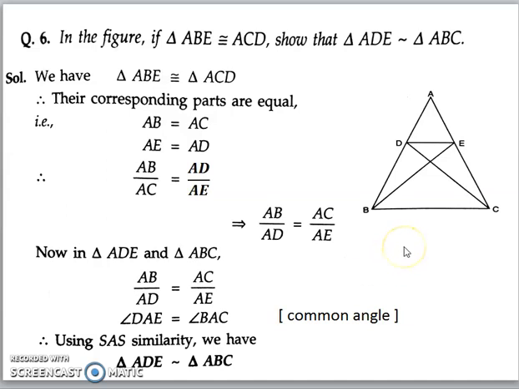So I need the ratio AB by AD and AC by AE. Now here the angle A, that is the included angle between these two sides, is the common angle for both the triangles. So two sides proportional and one angle equal, which is the common angle. So I can say by SAS similarity, the triangles are similar.